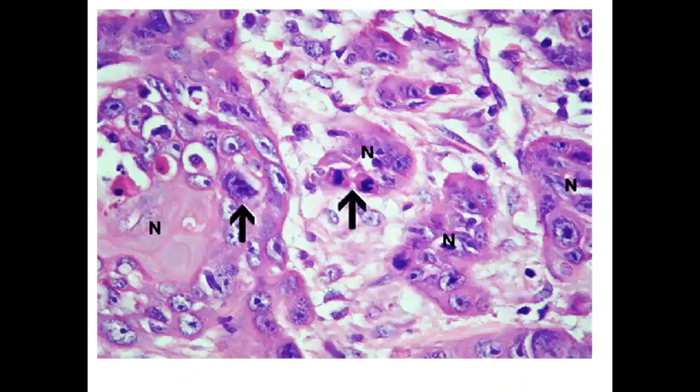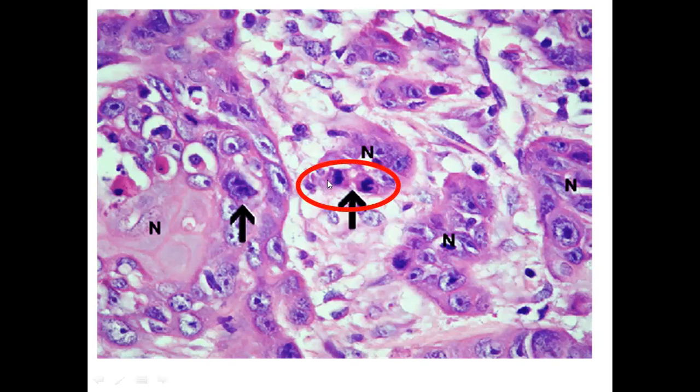So let's apply on this picture. This picture contains many cells. I will not ask you to define the tissue or something. I just want you to understand the idea of malignant features under the microscope. So let's focus here on this one. What is that?